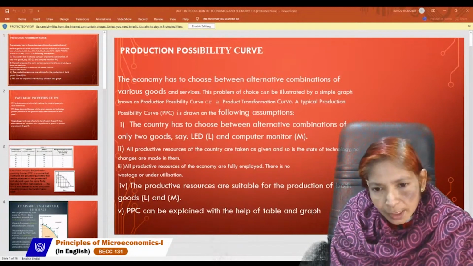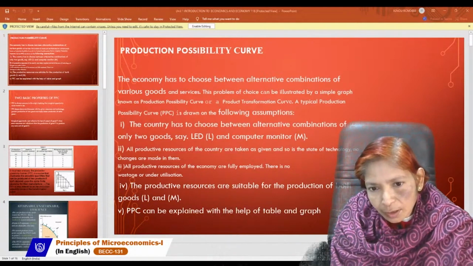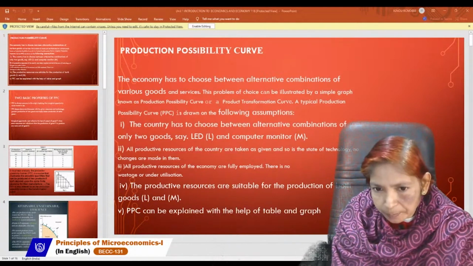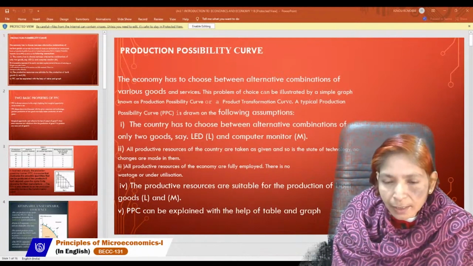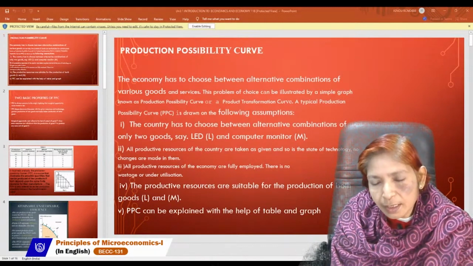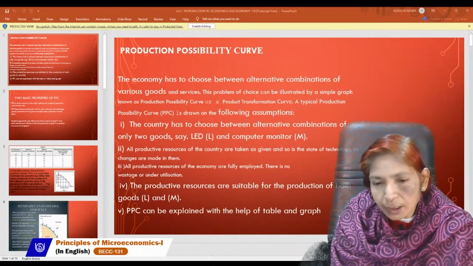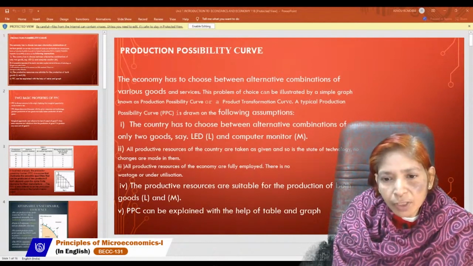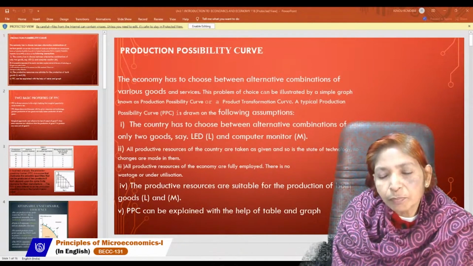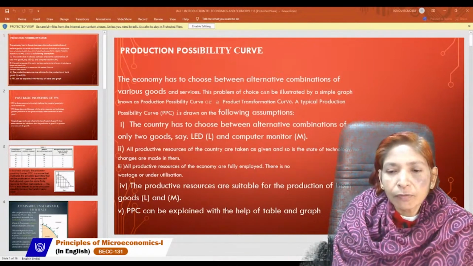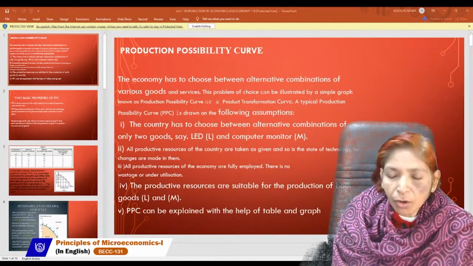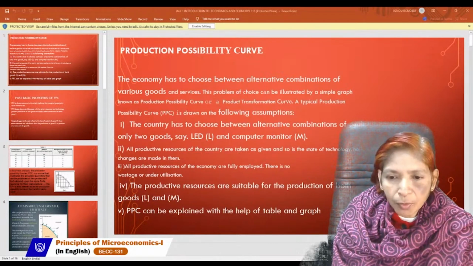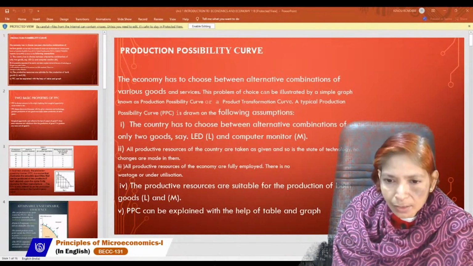Now you are seeing here that the PPC curve is concave to the origin. The points that lie on the PPC curve are point A, B, C, D, E and F. All these points which lie on the PPC curve show full utilization of resources. Here all the resources are fully employed or fully utilized.